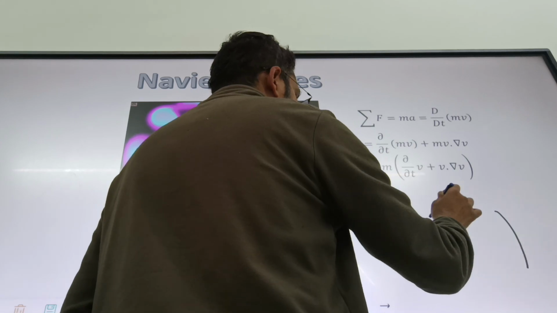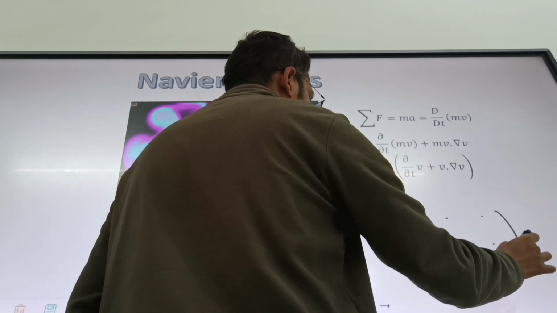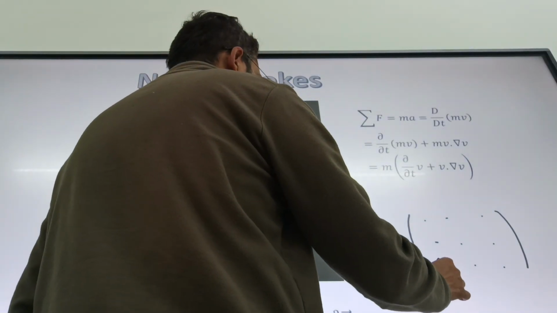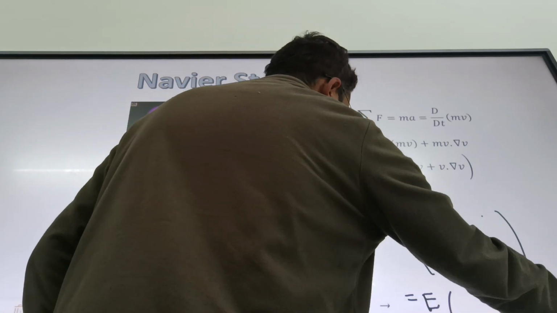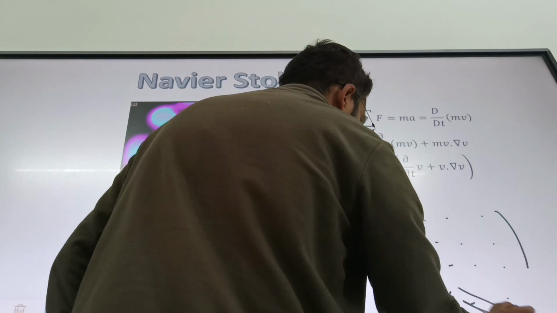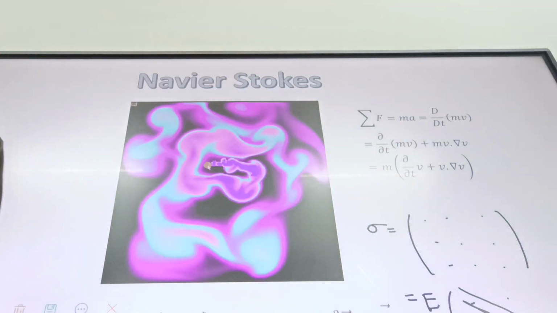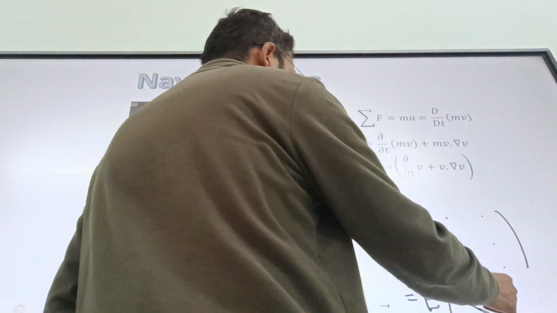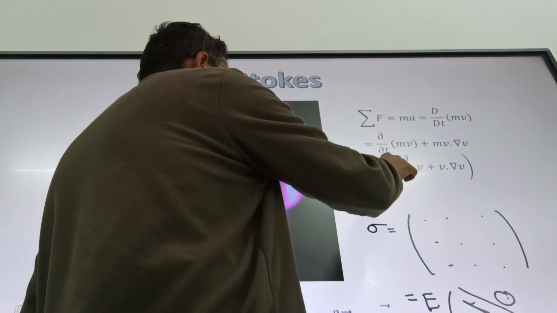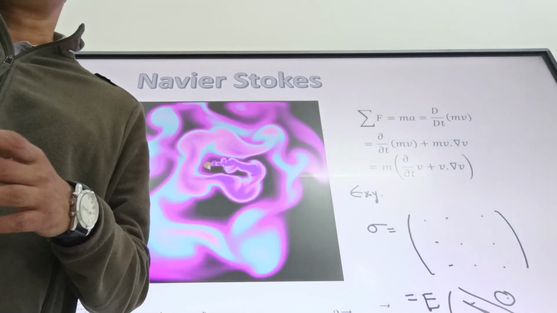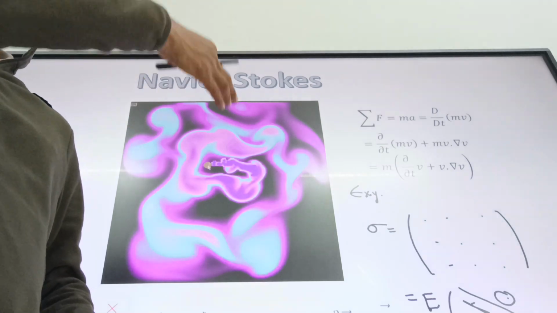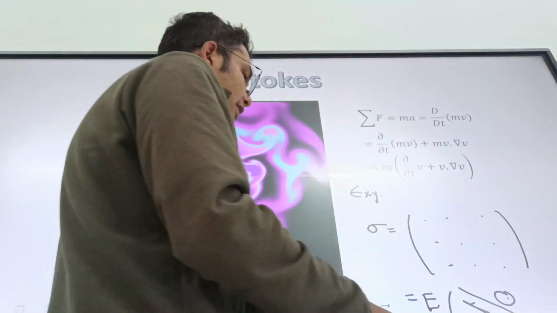It has 9 components, 1, 2, 3, 4, 5, 6, 7, 8, 9. This is equated to the modulus times strain, which also has 9 components. The diagonal is the principal strain, epsilon. What do the off-diagonal components denote? Even if I am applying the force on the x-axis, the stress applied on the x-axis has an effect on the y-axis. The ratio of that is the Poisson's ratio.